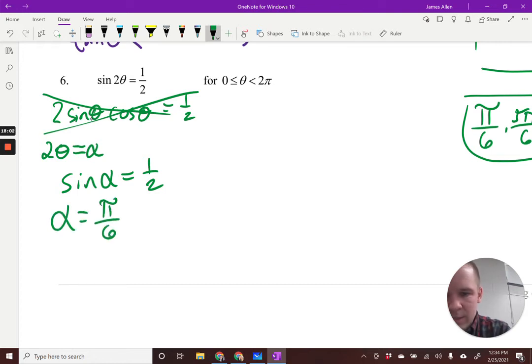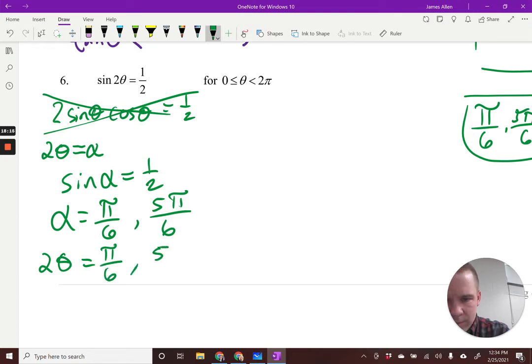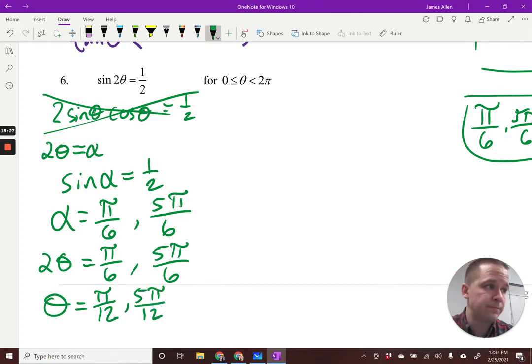Pi over 6. And where else is it positive? That'd be 5 pi over 6. Well, remember, this is what 2 theta equals. So theta is going to equal pi over 12 and 5 pi over 12, right?